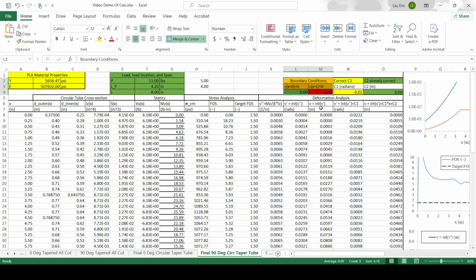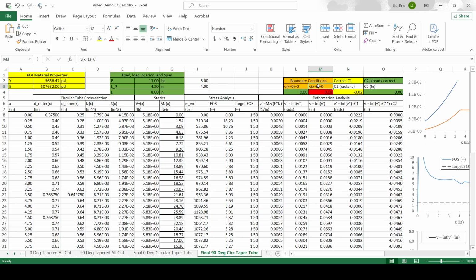The boundary conditions are, we're assuming a fixed beam at which the initial deformation at x equals 0 is 0, and then the deformation at which x equals L, which is the length of the beam, is also equal to 0.